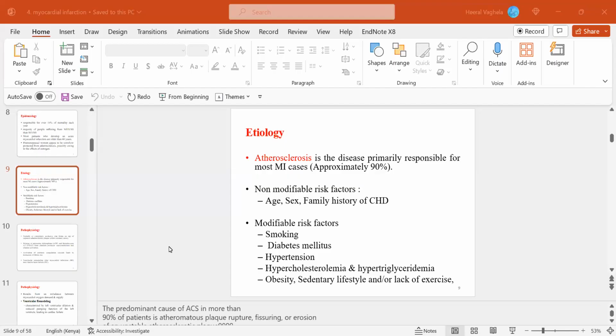So just a minute. Okay. Again, the etiology or the causes of myocardial infarction are the same as before, because we know that ischemic heart disease is the one that causes myocardial infarction.